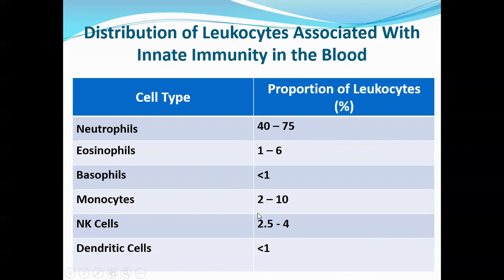The next are the monocyte macrophages and the natural killer cells. And then we have these smaller numbers of eosinophils and basophils, reflecting their role in allergic responses.